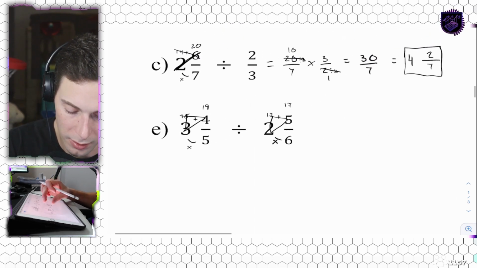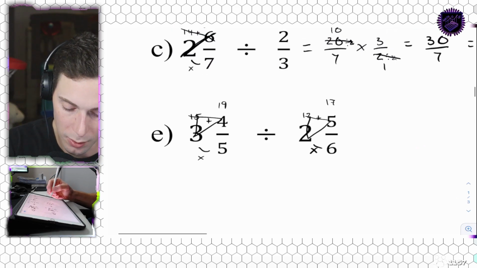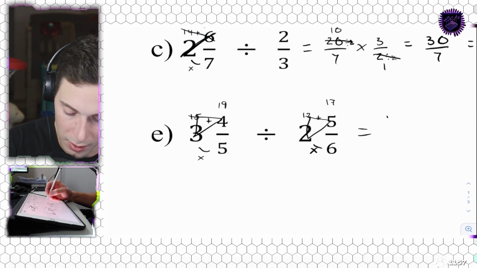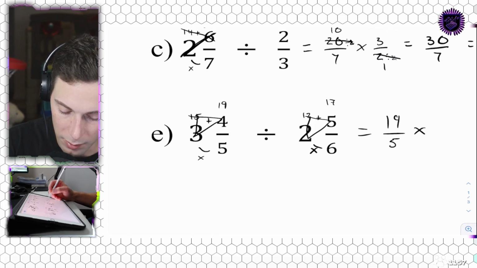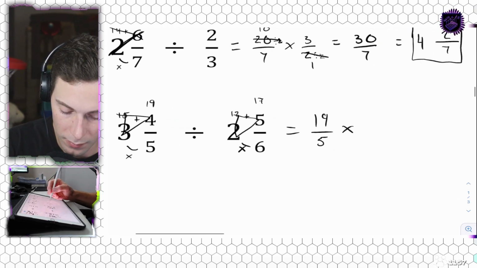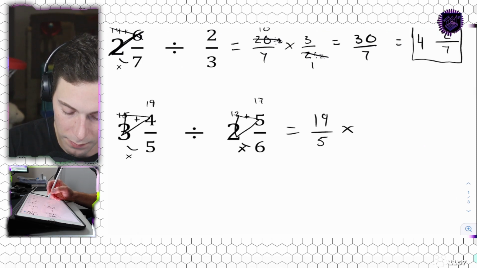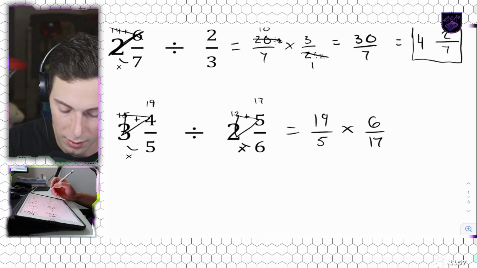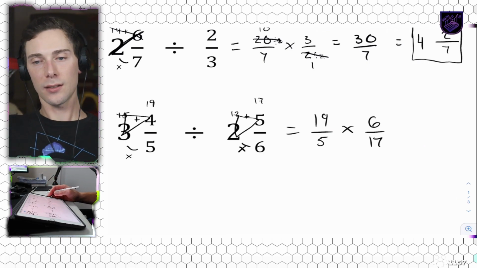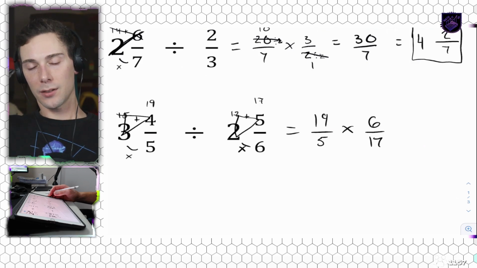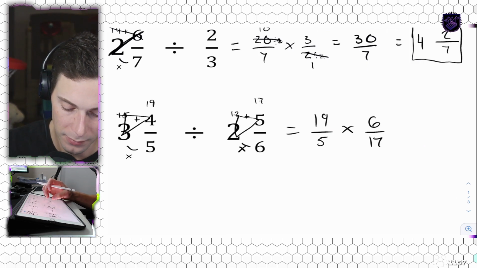Now we're going to do our keep, change, flip. So the equivalent will be 19 over 5 multiplied by 6 over 17. Oh my gosh. That's okay. No, you can't simplify those, but let's do it this way.